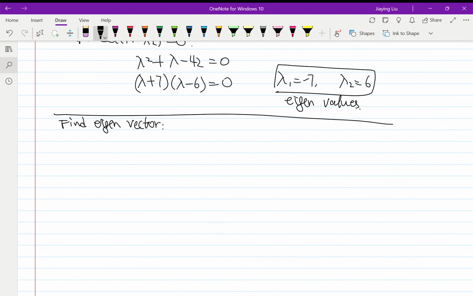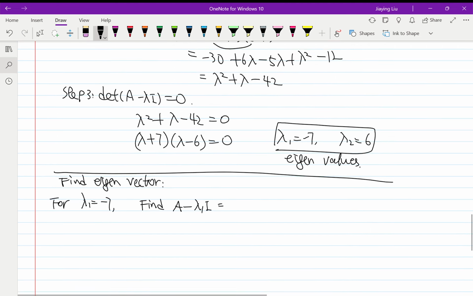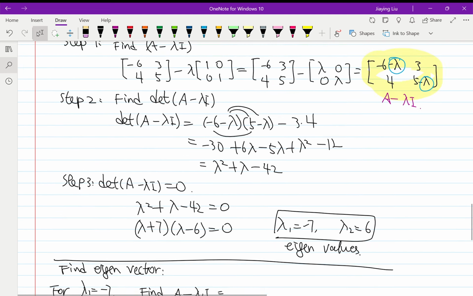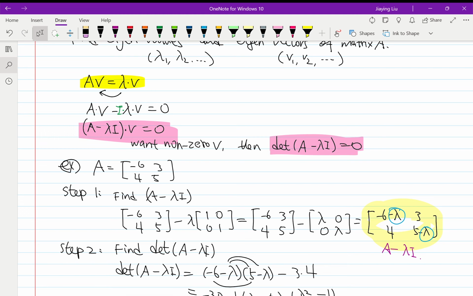So let's focus on the first eigenvalue. For lambda 1 equals negative 7, we're going to find A minus lambda 1 I first. That's a shortcut because we already know what A minus lambda I is, which is this part.